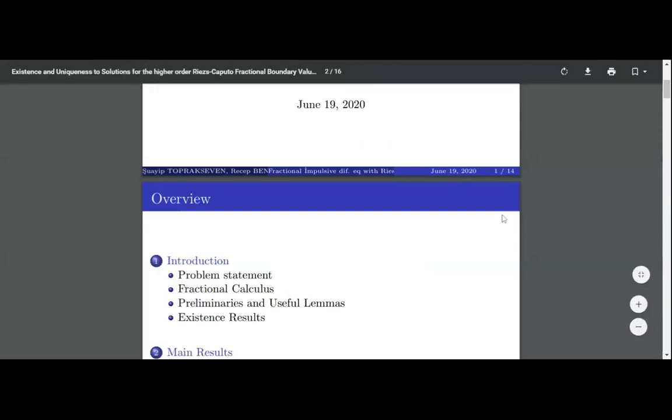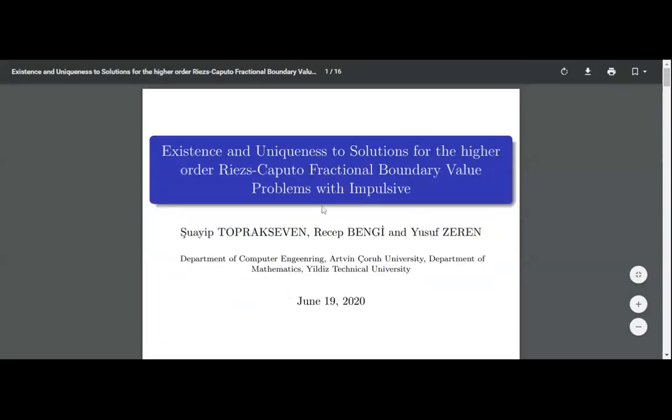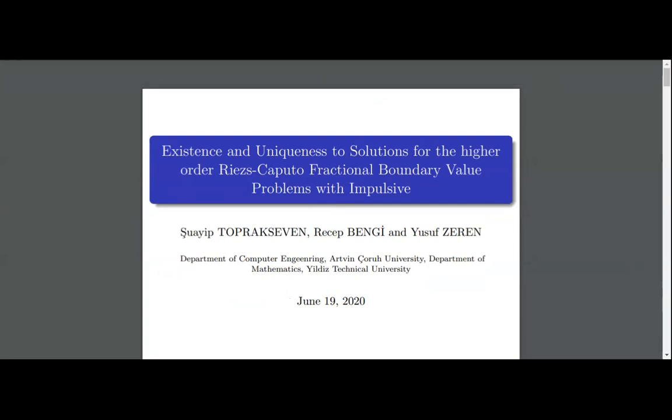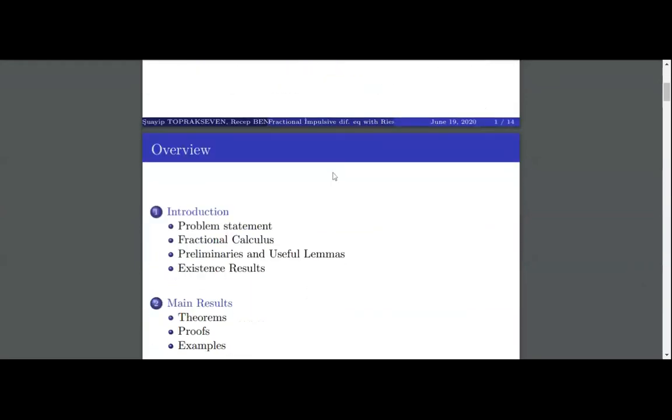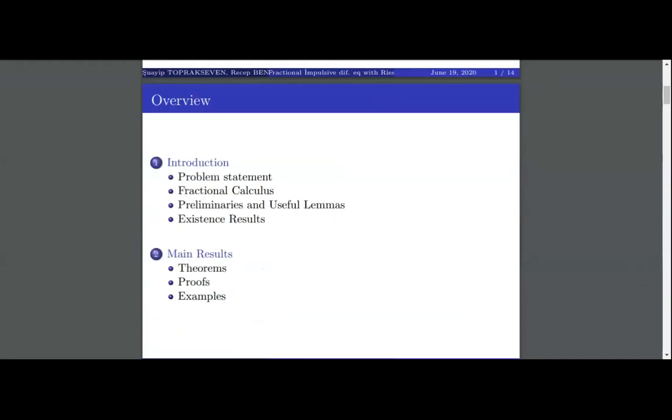The title is existence and uniqueness of solution for higher order Riemann-Liouville fractional boundary value problem with impulses. We will introduce the problem statement, fractional calculus, some useful lemmas, and main results.